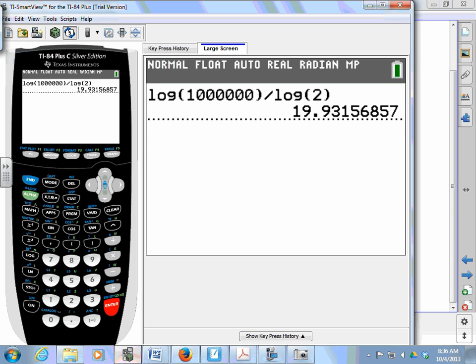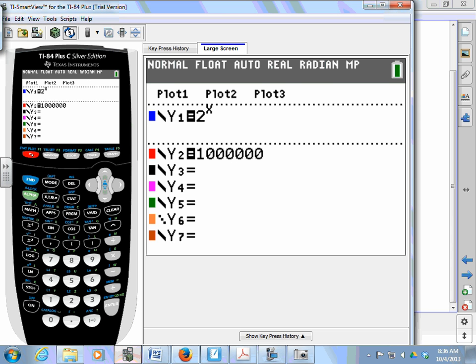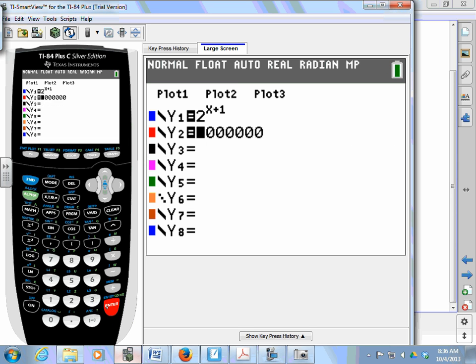So we got 2 raised to the power of x plus 1 in y1 and 10,000x in y2. And so we want to find the intersection point of those two.